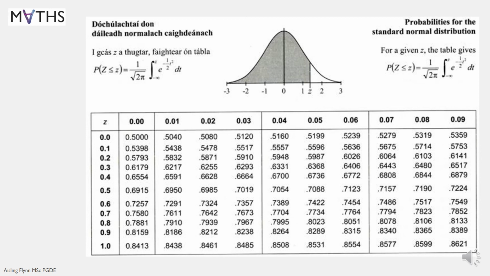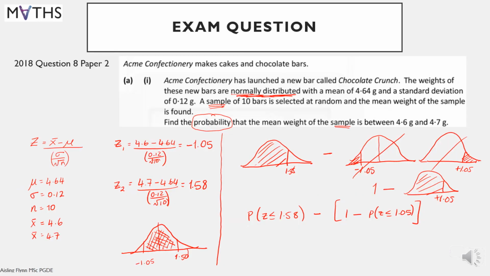1.05. Okay, so we have to go back to the first page of the z tables. 1.0 is here at the bottom, and 1.05 we'll get if we add this in the second decimal place, and it's here, so 0.8531. So bringing those figures that we got in here.